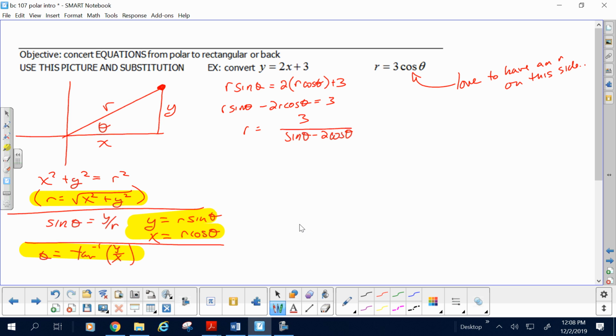Well, multiply by 1. If I multiply both sides by r, that helps me a lot because on the left side I have r squared, which is nice, and the right side is 3 r cosine theta, which means that r squared is x squared plus y squared, and the other side is just 3x.